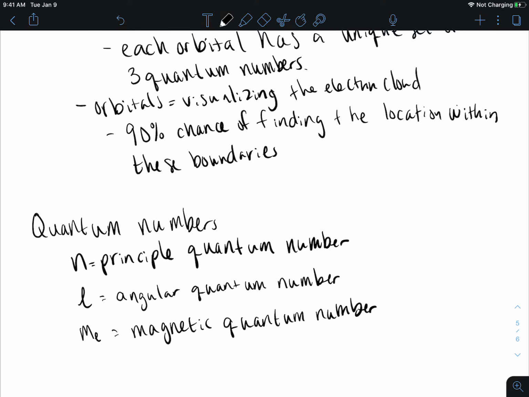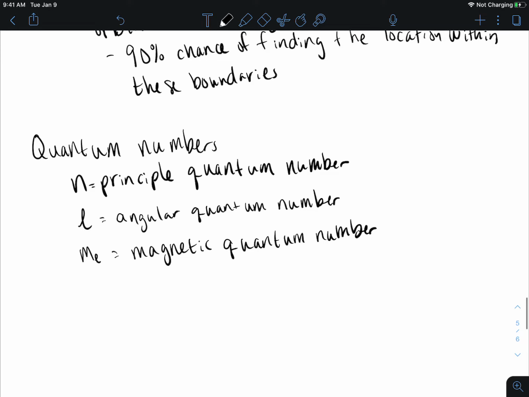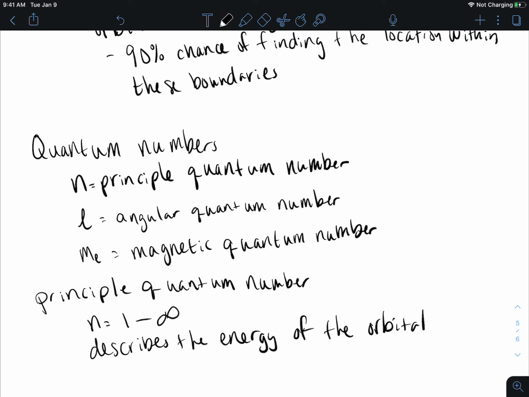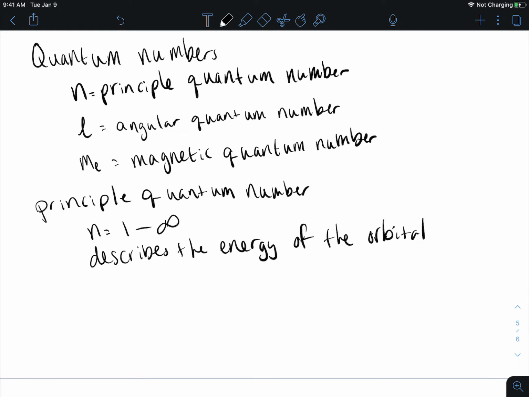Okay. So our principal quantum number, that's any integer value. So this can be n equal 1 to infinity. And it's going to describe the energy of the orbital. Okay.